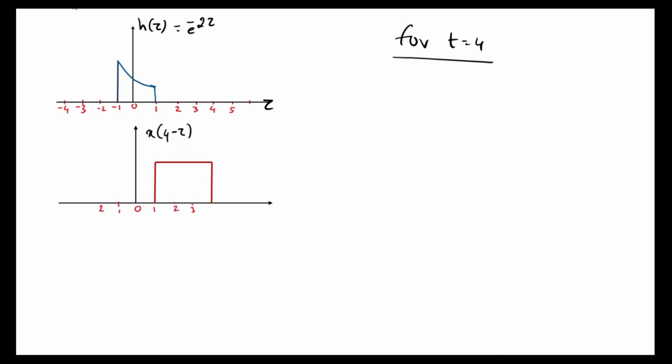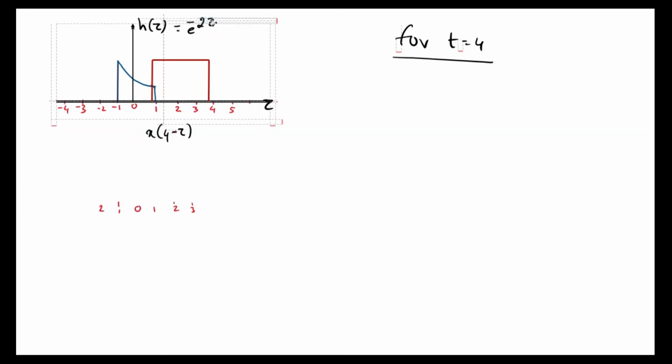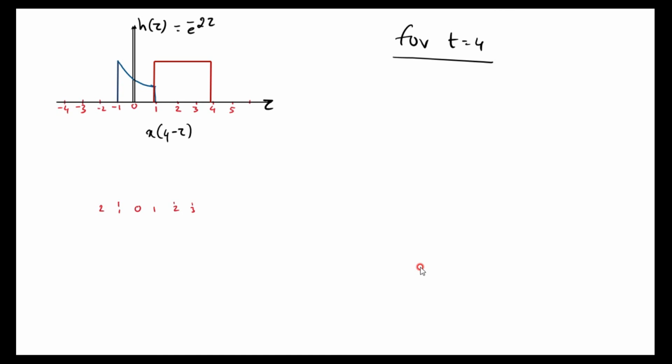Now we'll try to perform the convolution between h of tau and x of 4 minus tau. So I place this x of 4 minus tau signal on the h of tau signal. Here we can observe that no area of the h of tau and x of t minus tau signals is overlapped.